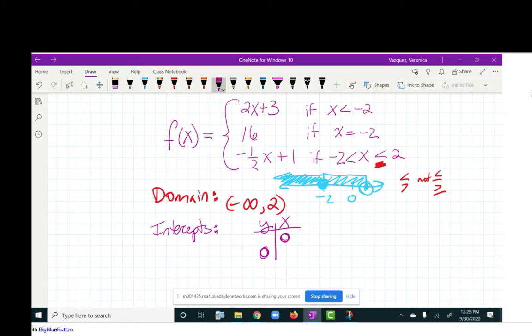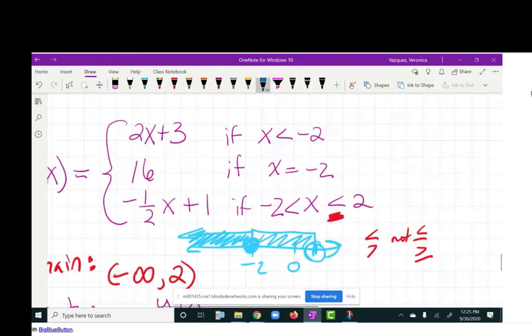When we're looking at the y-intercept, x is equal to 0, so the relevant part of this function is this last part, because 0 is between negative 2 and positive 2.